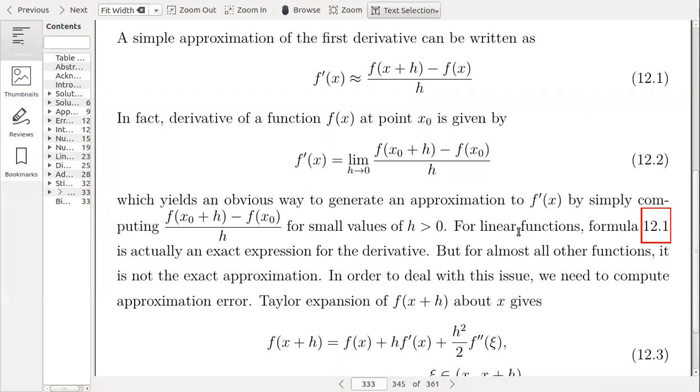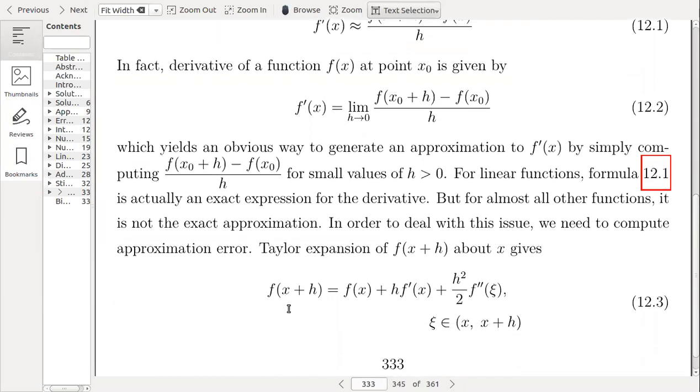So if the given function is linear, this formula for computing the derivative is an exact expression for the derivative. But if the function is not linear, and for all other functions, it is not the exact approximation. Okay. So in order to deal with this issue, we need to compute approximation errors.